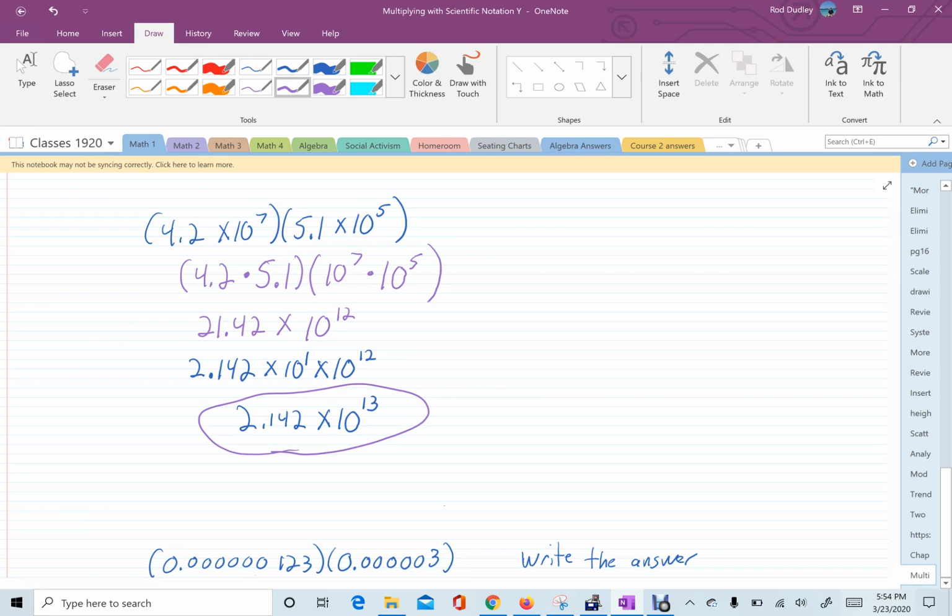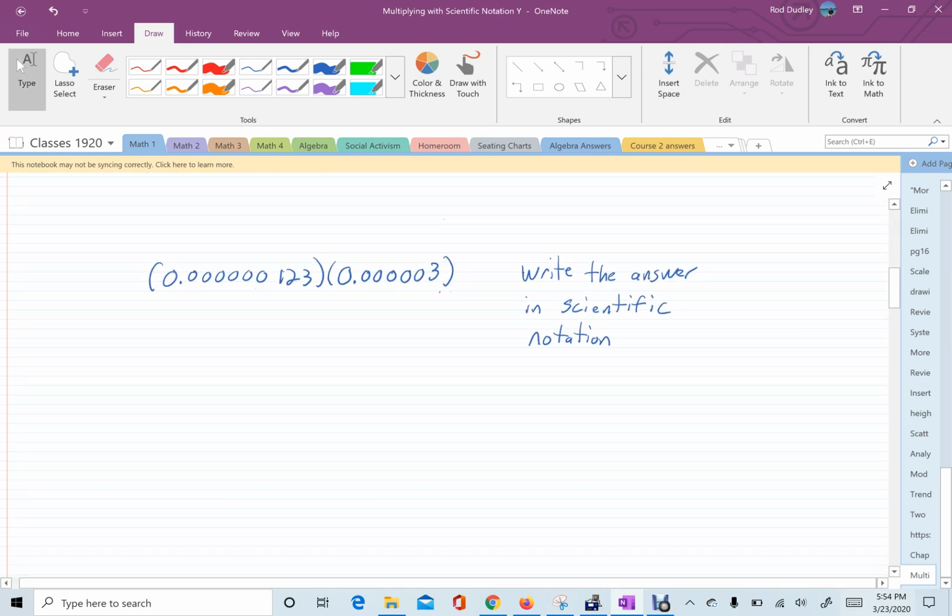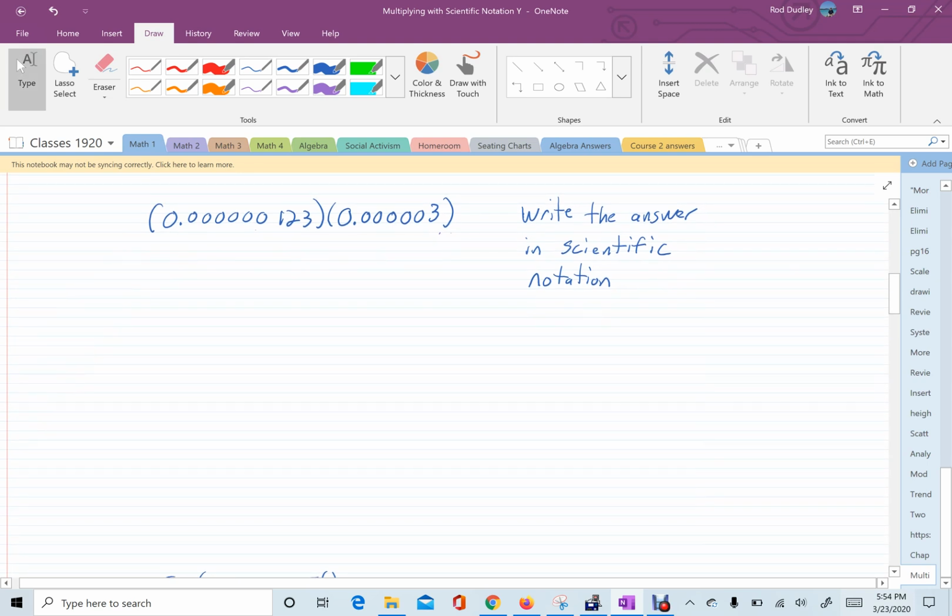Okay, so that was with really big numbers. The same thing applies to when we're writing answers in scientific notation for really small numbers. First thing we're going to do is turn these two really small numbers into scientific notation.